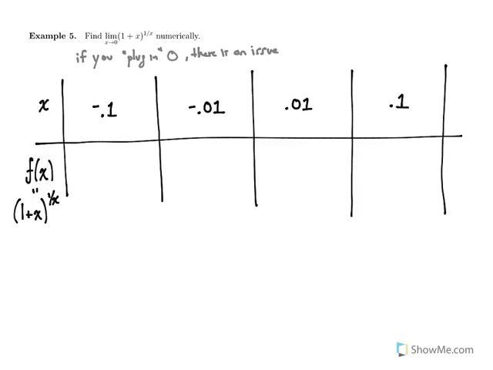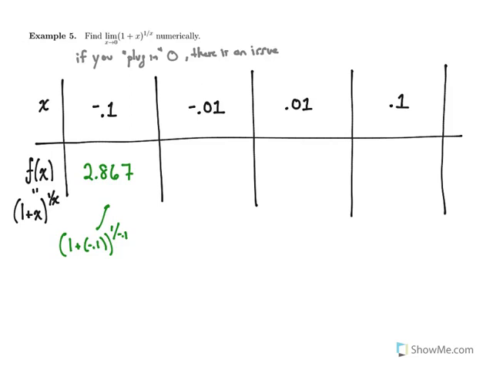All right, so when we plug in -0.1, we are doing 1 plus -0.1 to the 1 over -0.1 power. And this would give us 2.867. Let's plug in -0.01.